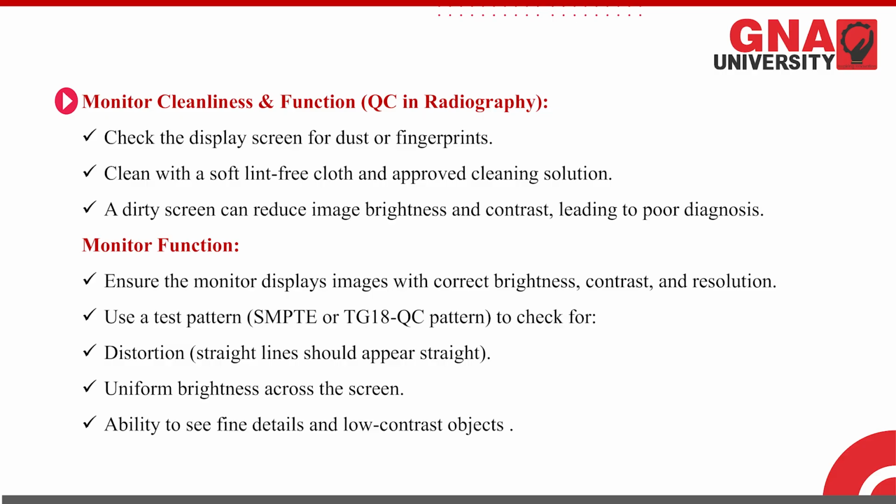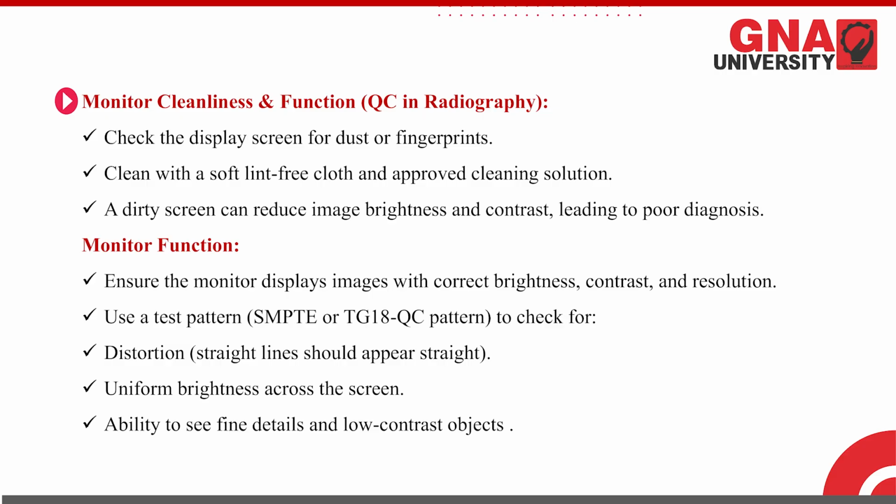These are special images by which we can check that the contrast and the brightness are maintained properly, and that the monitor is working properly and displaying the image properly. For distortion, the straight lines should appear straight; any straight anatomical part should appear straight on the image.